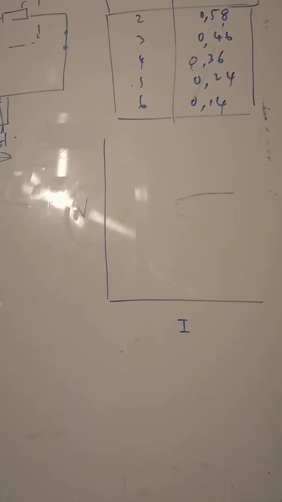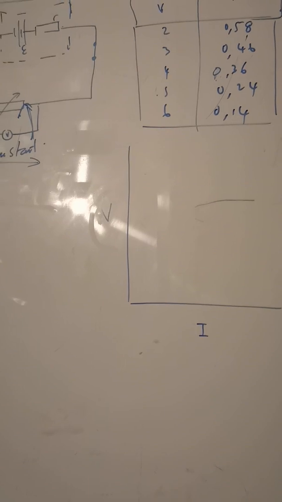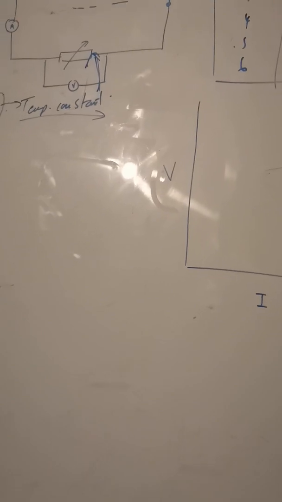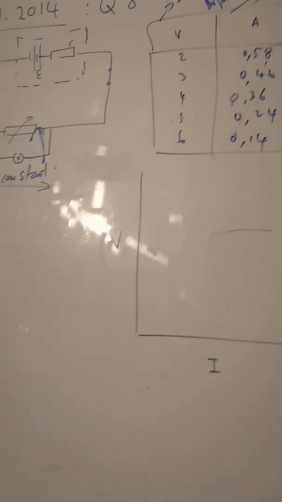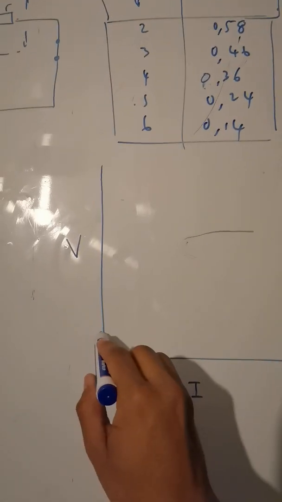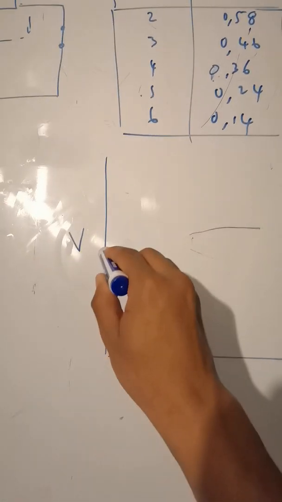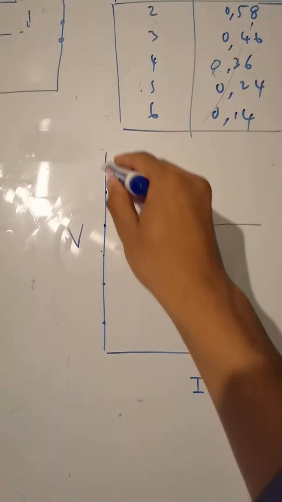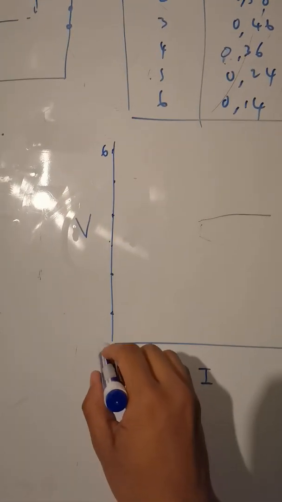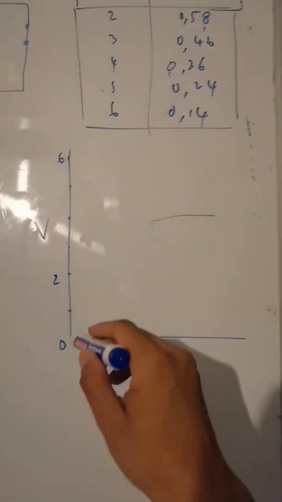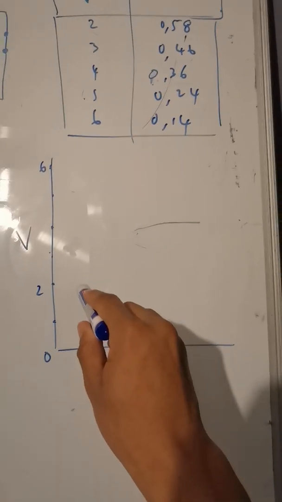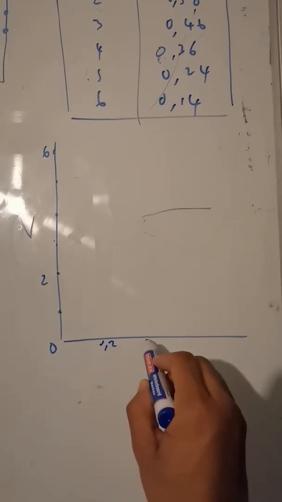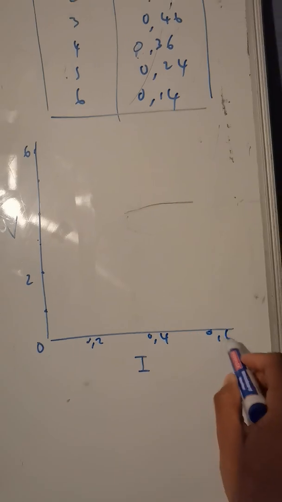So that's the reading on the ammeter and the voltmeter. Now they say draw the graph, or plot the points and draw the line of best fit. So 2 is about here, on a scale of 1, 2, 3, 4, 5, 6. Let's say 0.2, 0.4, 0.6.